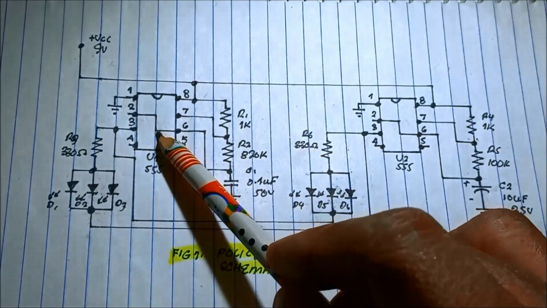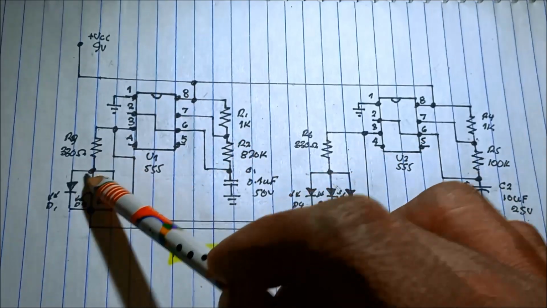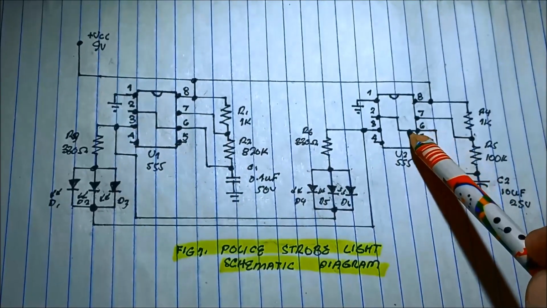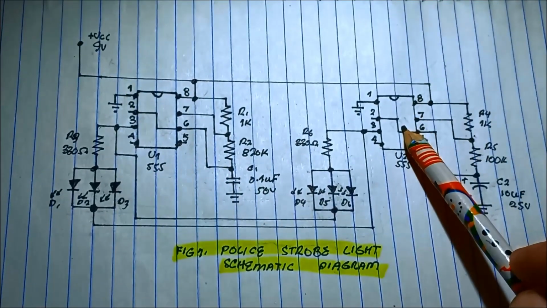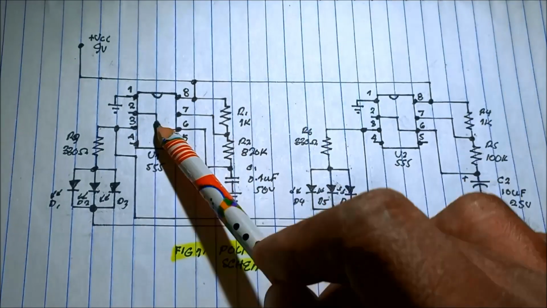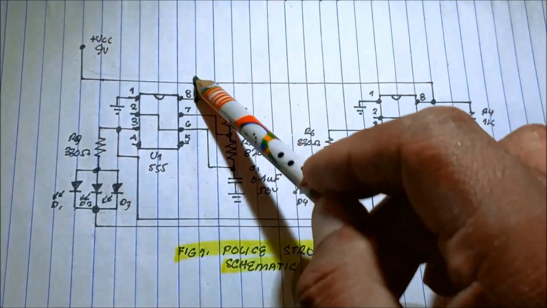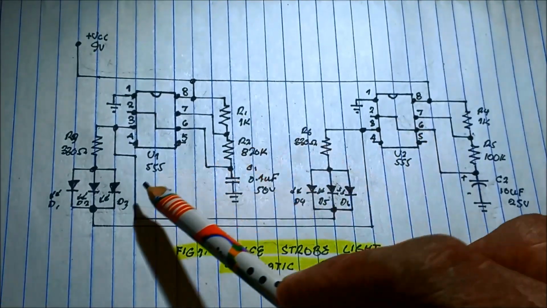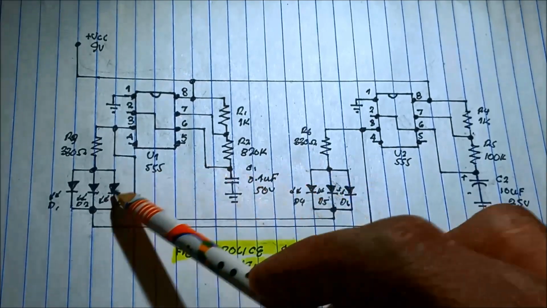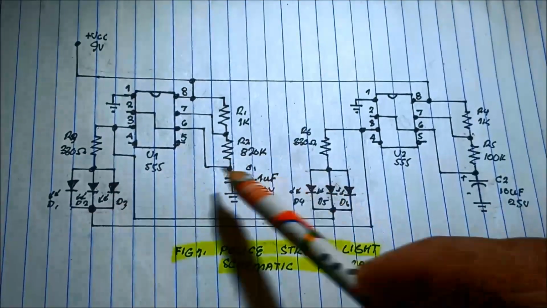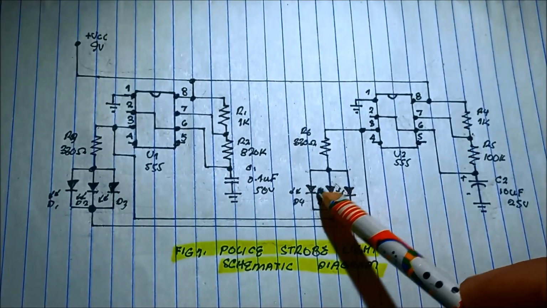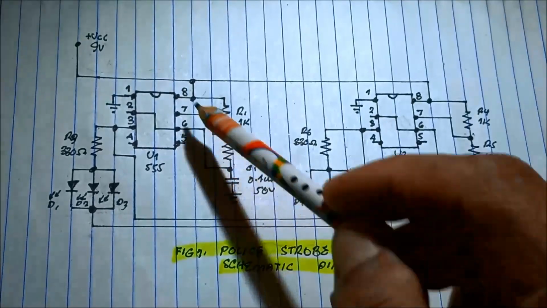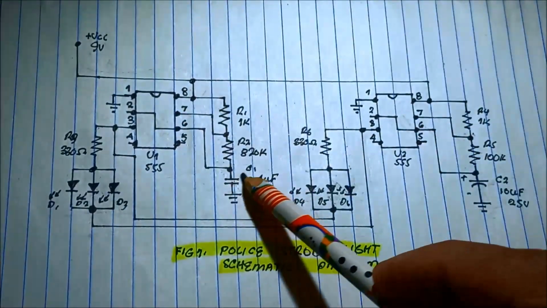So if this one is the source, this one will turn on the LED and then sink to the other 555 timer. So there is a toggling on and off of the two LED. And the continuous flickering of the LED is due to this capacitor.